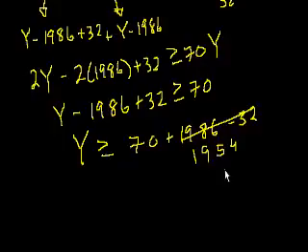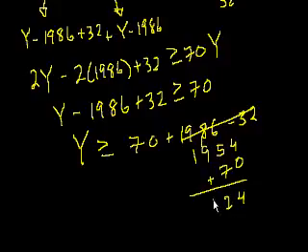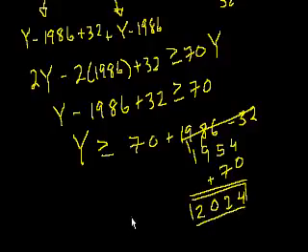And what's 70 plus 1954? 4, 5 plus 7 is 12, 1 plus 9 is 10. So 2024 is an acceptable year for her. 2024, and that is not one of the choices, so I clearly made a mistake.